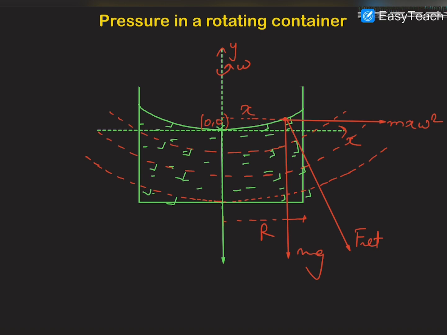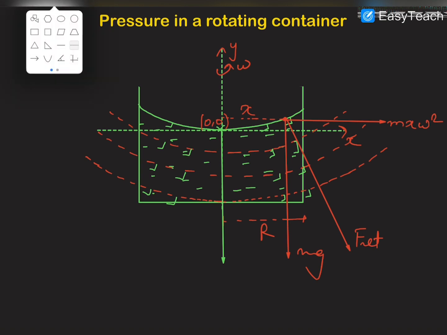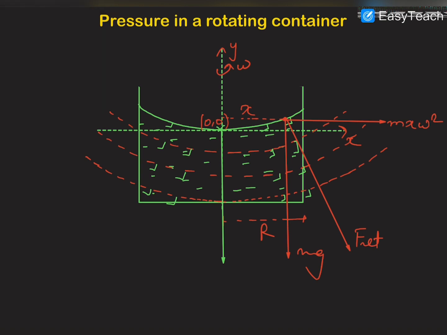Okay, so if we draw a tangent at this position, and let us see that this angle is theta, this angle is 90 minus theta, and this angle is theta.